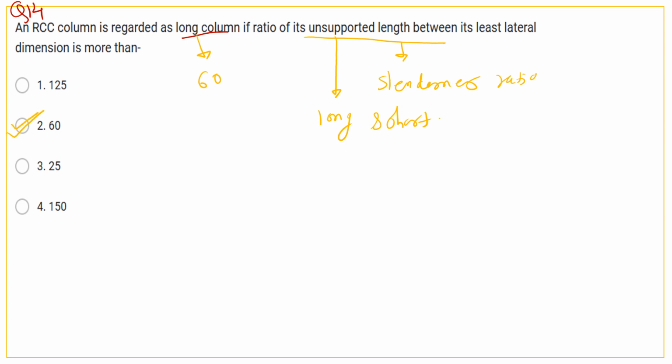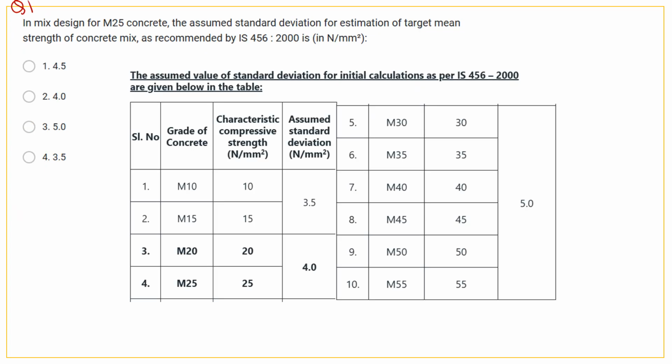The next question is question number 15. In mix design for M25 concrete, the assumed standard deviation for estimation of target mean strength of concrete mix, as recommended by IS 456-2000, in Newton per mm square.